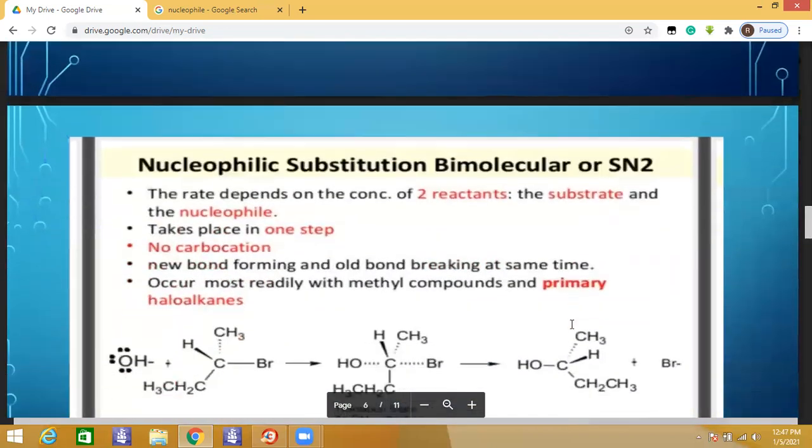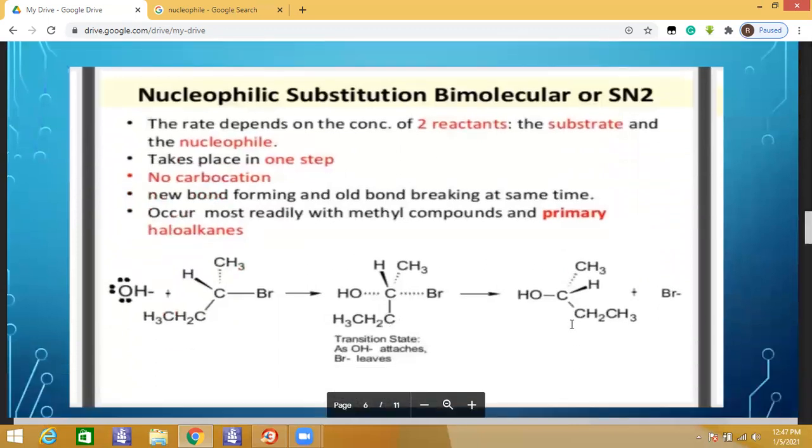Now, nucleophilic substitution reaction bimolecular, SN2. The 2 is for bimolecular because two species are involved in the rate determining step, S is for substitution, and N is for nucleophile. Here you may see what conditions are necessary in the case of SN2.